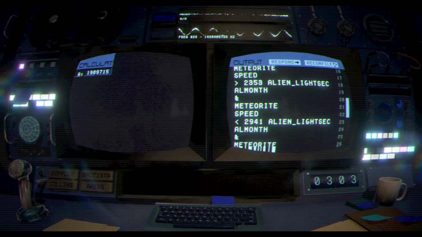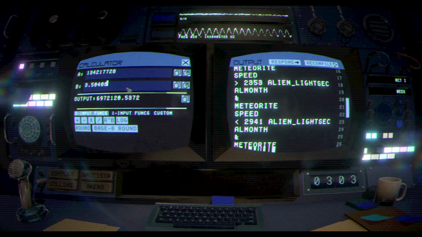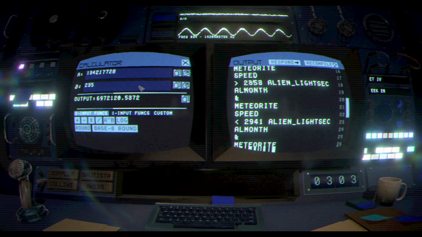So shove that into a calculator. Multiply that first by 2353.